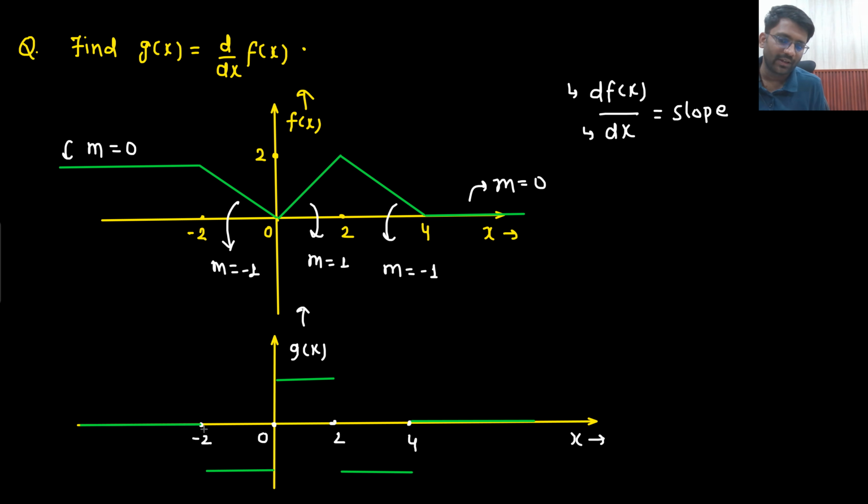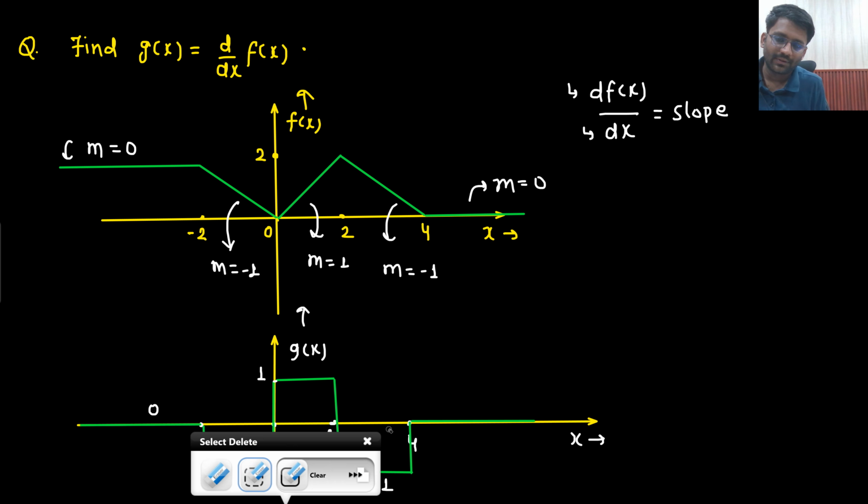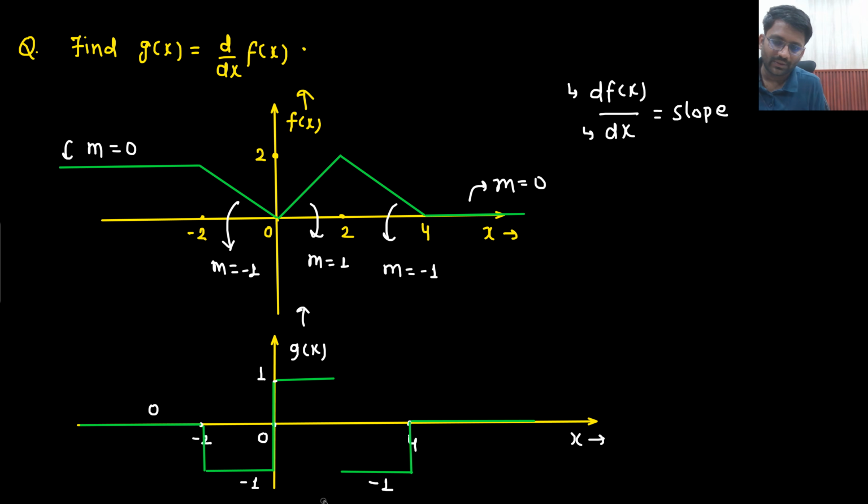This is the scenario. And I told you in mathematics, this is how we can show it. The slope is going from 0 to minus 1, then from minus 1 to plus 1, then from plus 1 to minus 1, then from minus 1 to 0. This is how we can draw the graph. So the slope here was 0, this amplitude is minus 1, this amplitude is plus 1, and this amplitude is minus 1. It is a straight line, although it is looking like not a straight line.